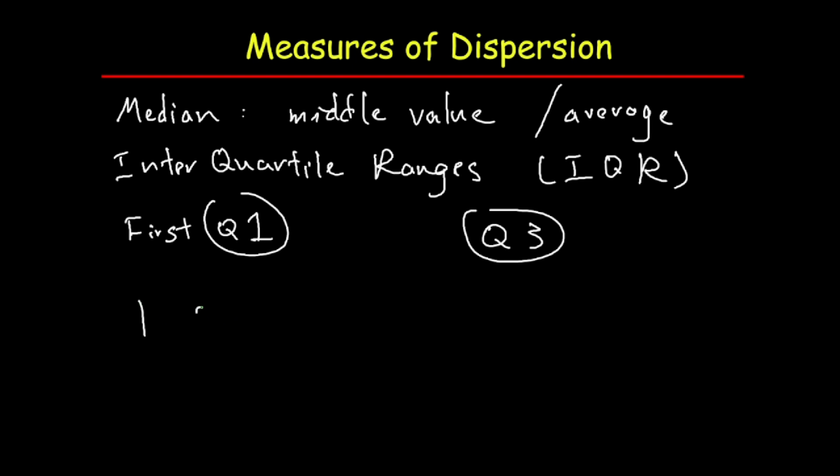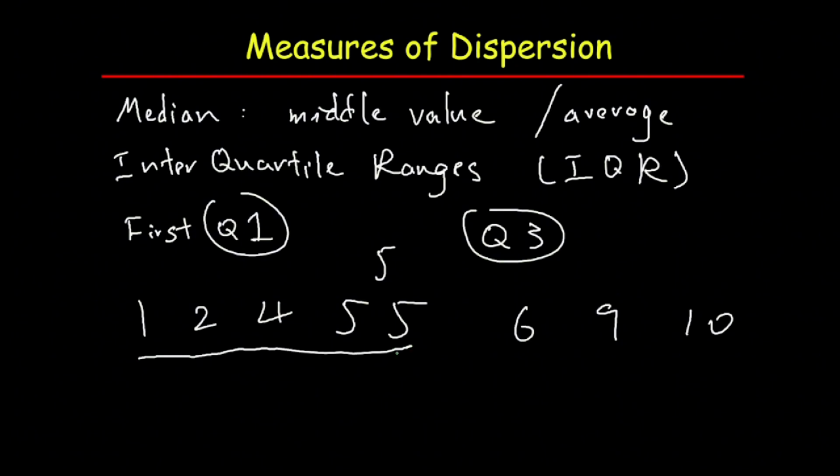So let's say we have a data set here, right? So first of all, what you would do is you would find the median. So obviously the middle value here are the two fives. The median here would just be 5. And then what we do is we split the data set into two.